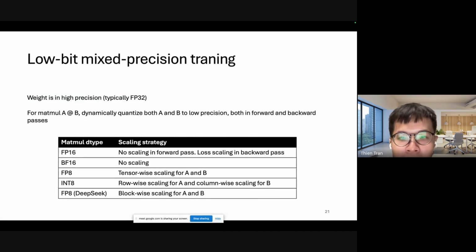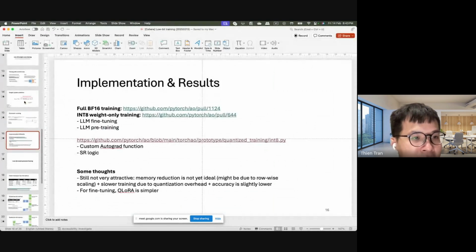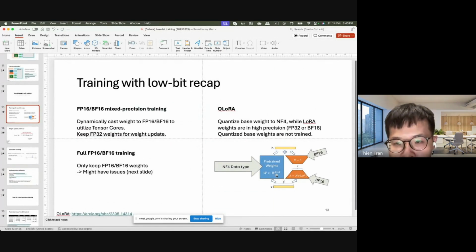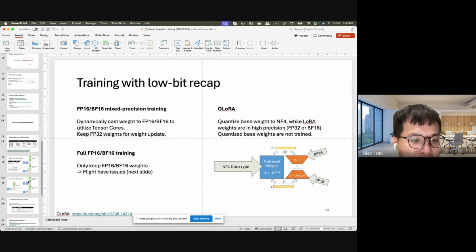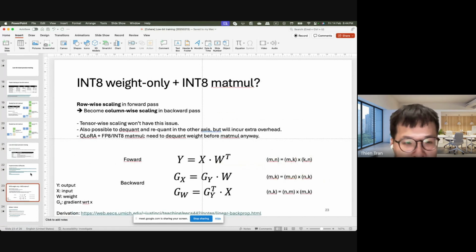In the QLoRA setting, you have two paths, right? You go through the base weight and then through the LoRA weight. When we go through the base weight, we can also do int8 matmul or FP8 matmul here just to speed things up. So I think the combinations are unlimited. It's just how creative you can get with the different things you want to do.